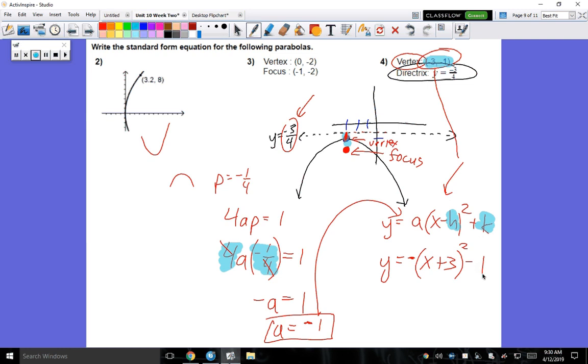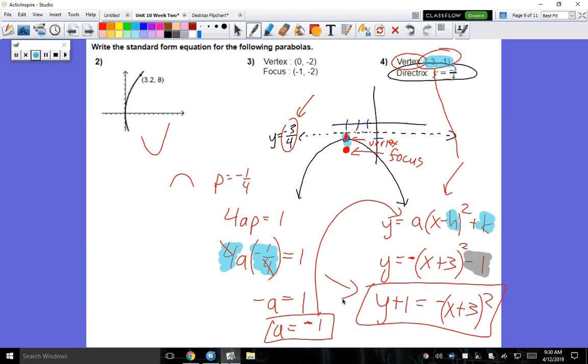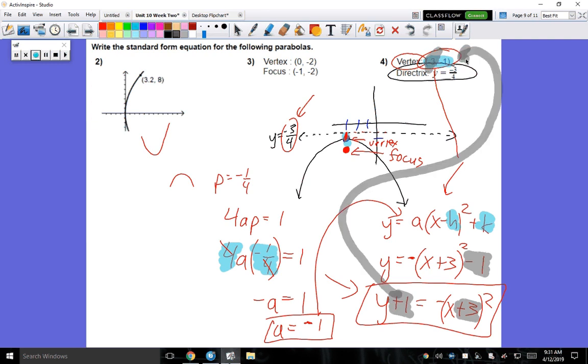And sure enough, if you want to move this 1 over, you could show that this too is the equation of this parabola. But again, the reason why I don't want to show this is because of the x, y, 5 method we've learned. This will show a negative x value, which is opposite in parentheses. But if you look at this over here, it may mislead you to put a +1 there when it's not the case.